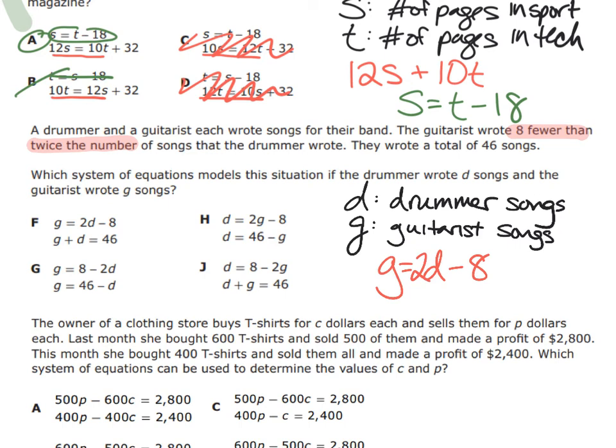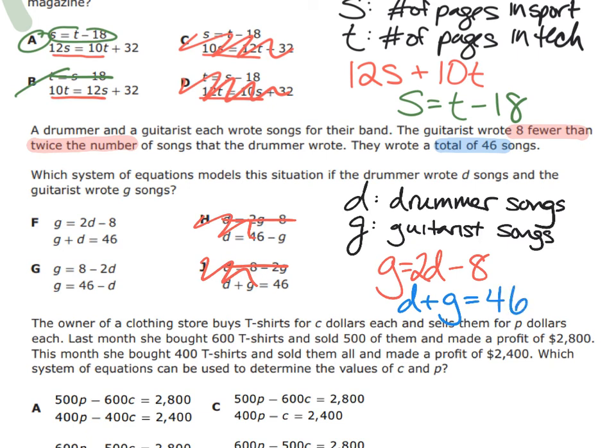Okay, so let's look at our answer choices. Can we eliminate something that does not have G equals 2D minus 8? Yeah, those two are gone because their first equation is completely wrong. The second sentence here says they wrote a total of 46 songs. What do I do to make a total? D plus G equals 46.